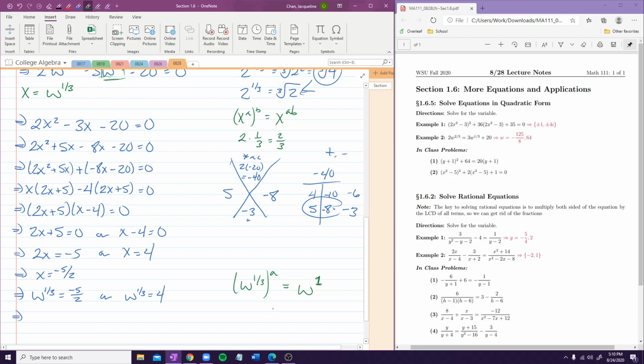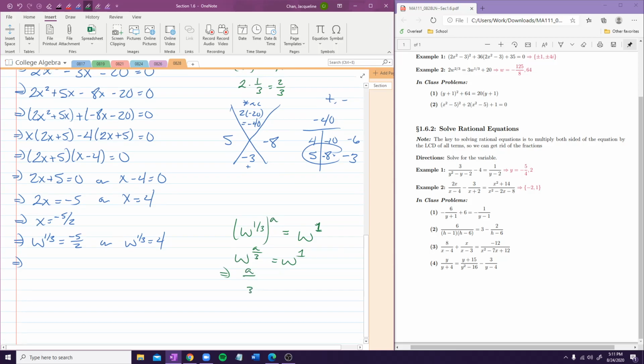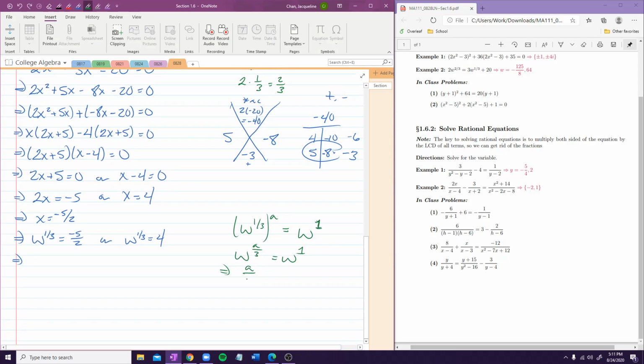I don't remember what this is called, but essentially if I do that, this is going to be w to the a over 3. The rule here is if you have a common base, you can set the exponents equal to each other. I think that's called the power property, maybe.